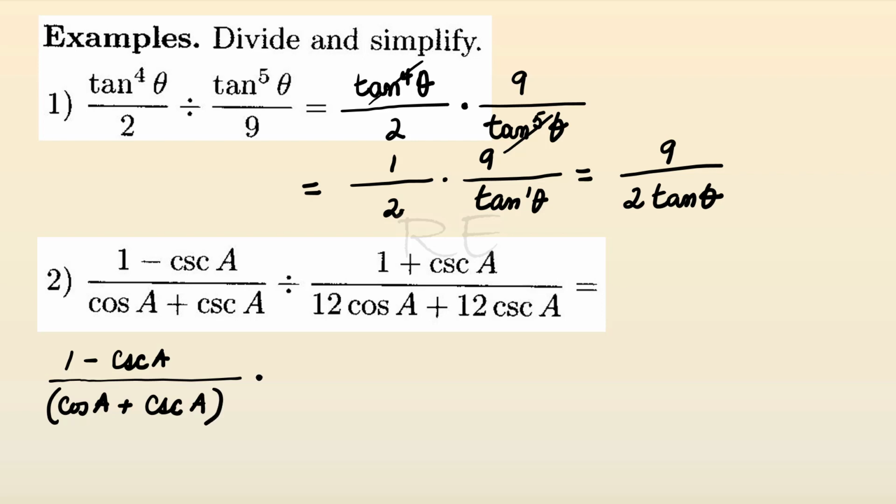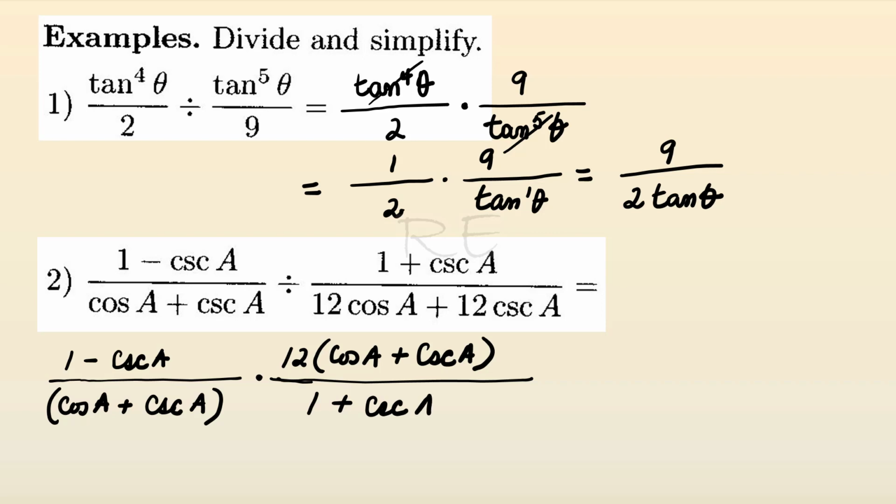Will be multiplied by, let's just factor out 12. 12 times cosine A plus cosecant A divided by 1 plus cosecant A. We will use parentheses to avoid any confusion, and the common factor is cosine A plus cosecant A, which cancel out.